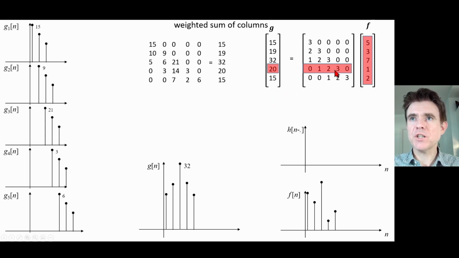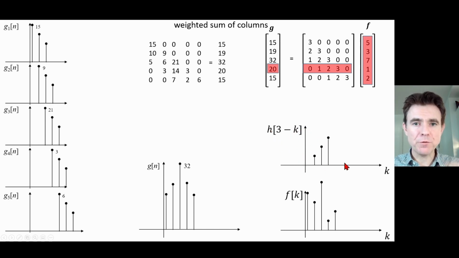Okay, so let's now take a look at this row vector. There is that row vector. It's 0, 1, 2, 3, 0, 0, 1, 2, 3, 0. And you'll notice that this is a reversed version of the kernel that we've been dealing with before. So that's why we've got h of minus k. It's now flipped.